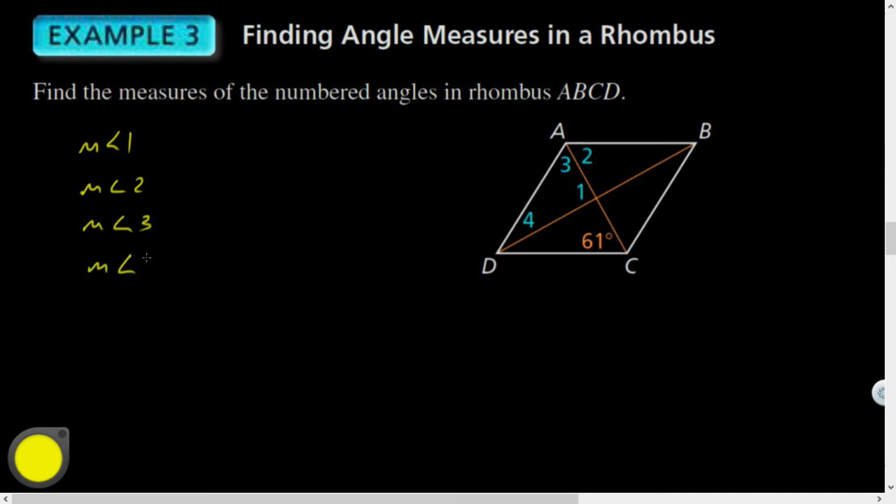Because of the Rhombus Diagonals Theorem, angle 1 is equal to 90. Another angle is going to be 61. What else do we know? How about angle 3? It's going to be 61.